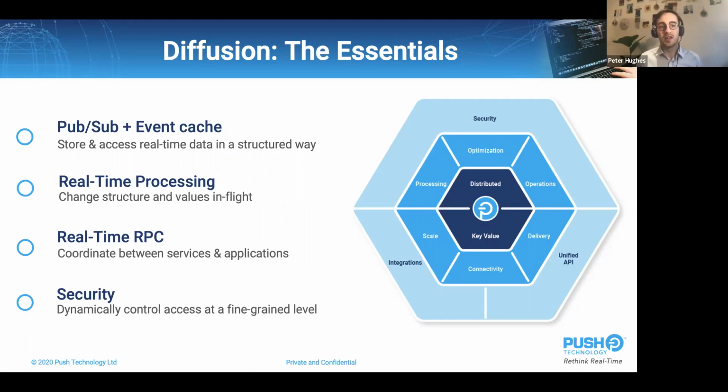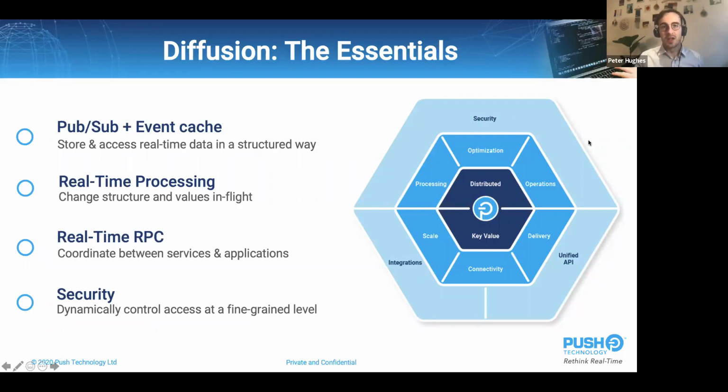So we also have a real-time RPC facility in Diffusion, allowing you to send messages between different services and connections in order to invoke more complex application logic. And finally, we have a global security layer, letting you define access control policies at every level across data access and connections.